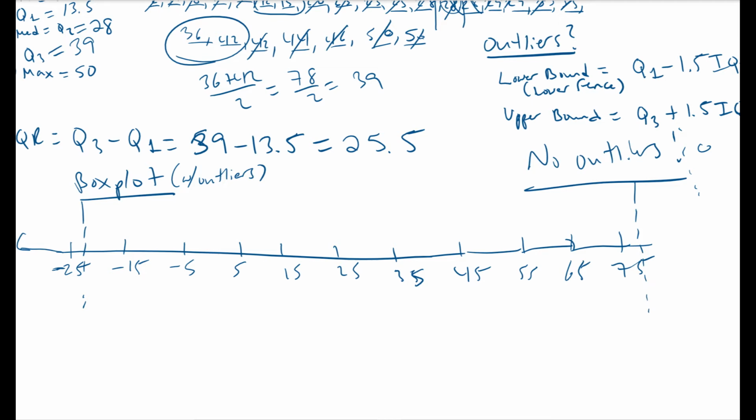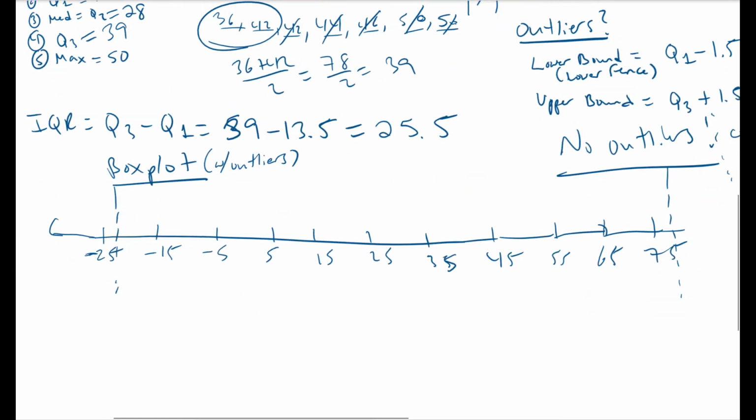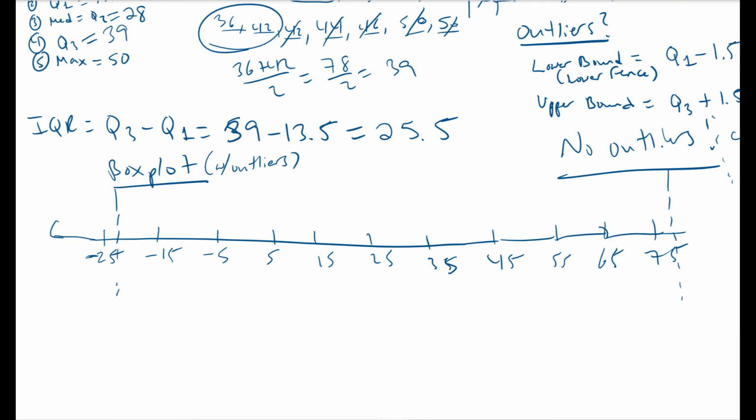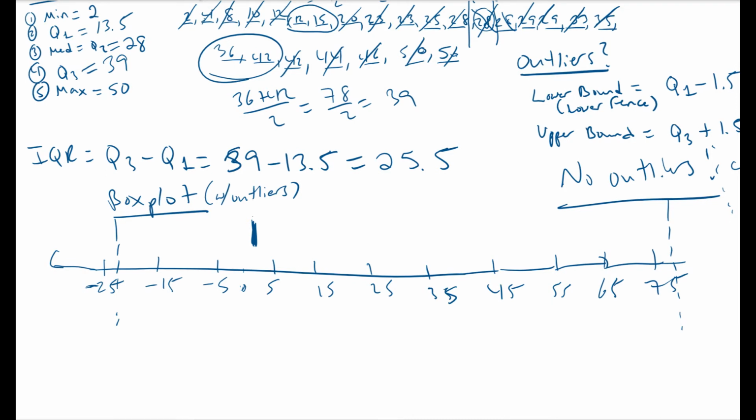And then our minimum, which is 2, goes around, this is going to be 0 between those two, so 2 will be around here, so we'll indicate that with a vertical bar. Our first quartile is 13.5, so it's around here. Our median is 28, so around here.